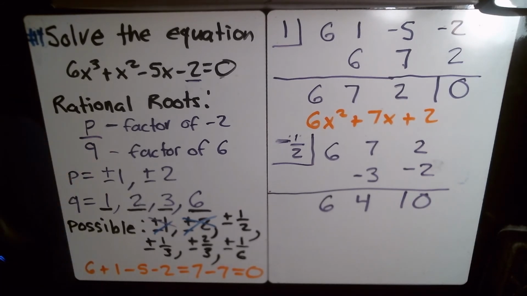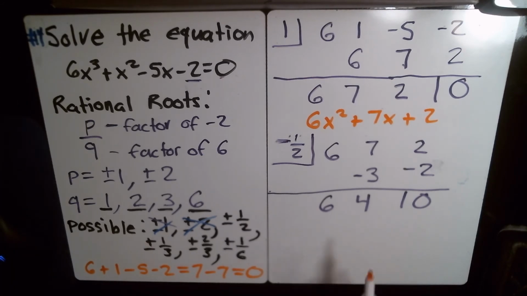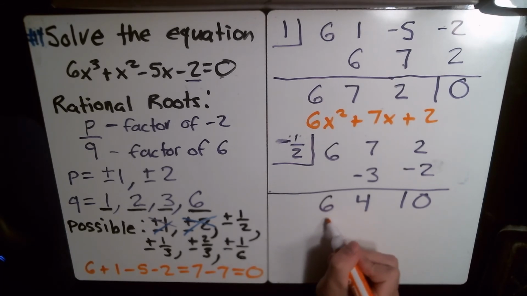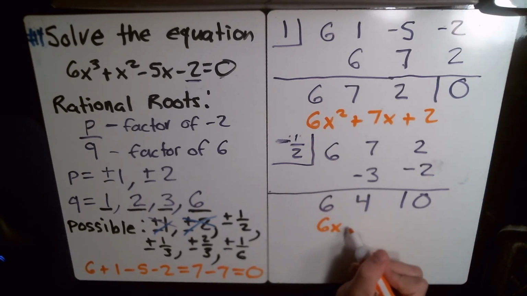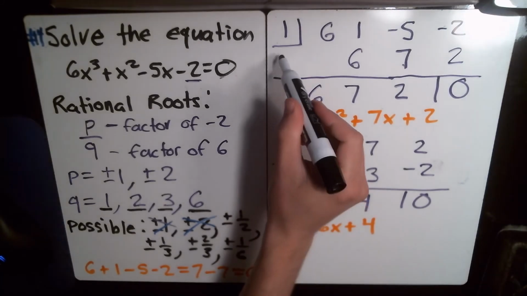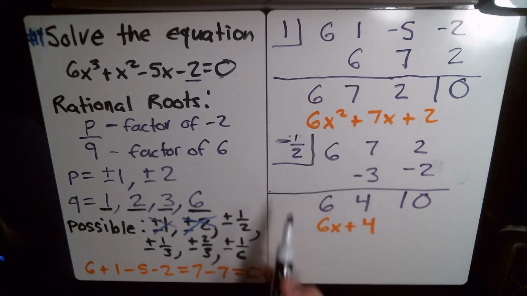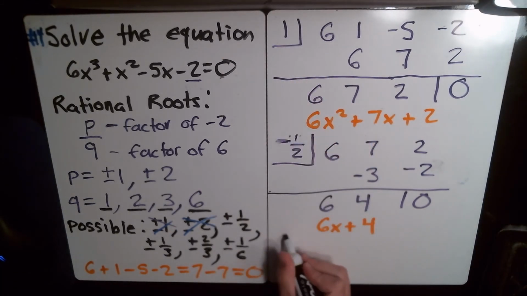So what does this tell me? It tells me that what I'm left with here is really the polynomial 6x plus 4, right? And so what I've done is I've factored out from this polynomial an x minus 1. You have to switch the sign on those when you're plugging them in, right?